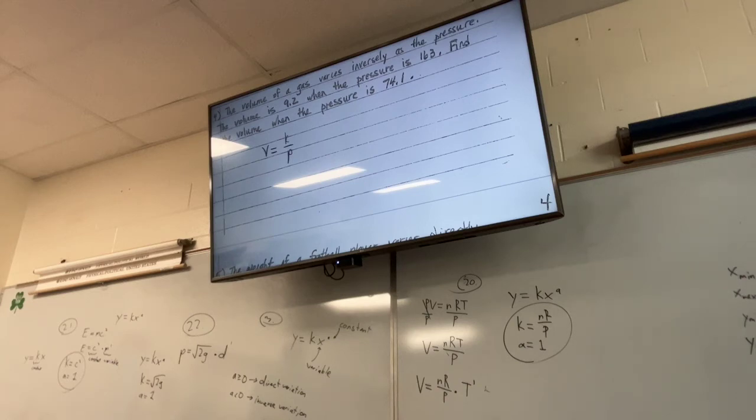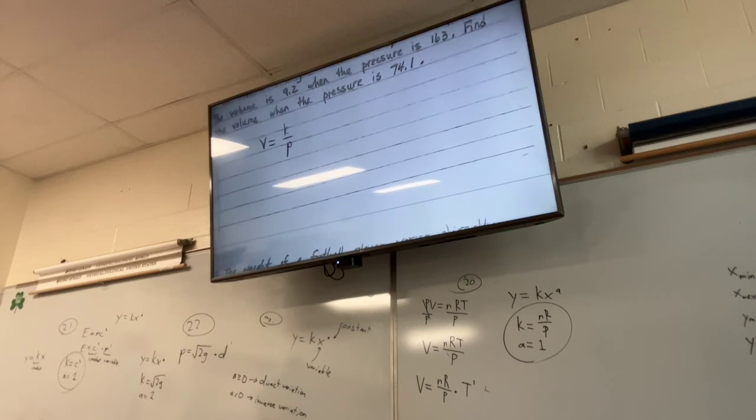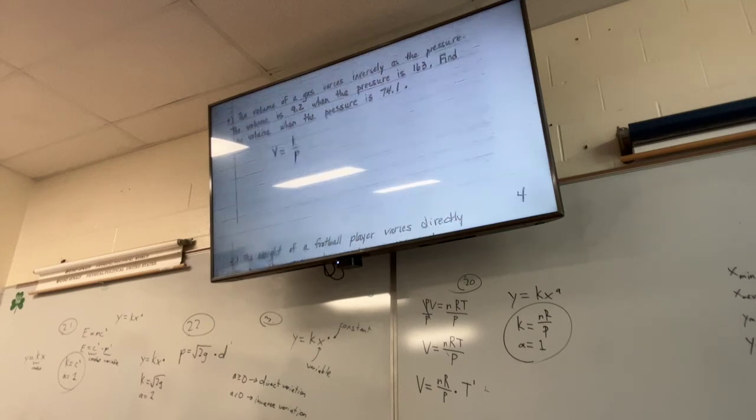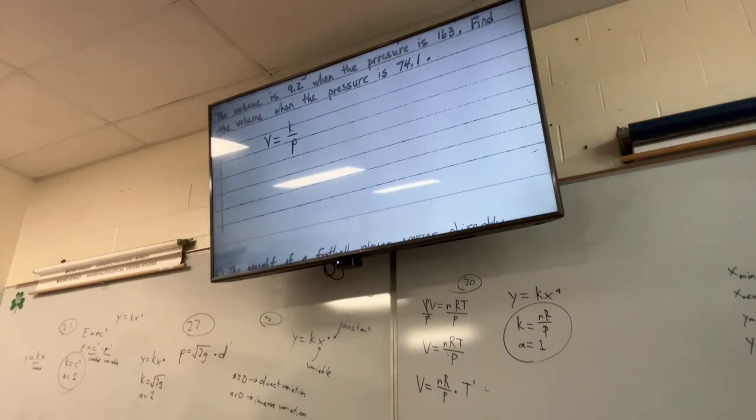Now we want to find the volume when the pressure is 74.1, right? So it's going to be V equals K over 74.1. And to get the V here, we've got to find out what K is. To find what K is, I'm going to go to this other piece of information that they give me. What do they say?